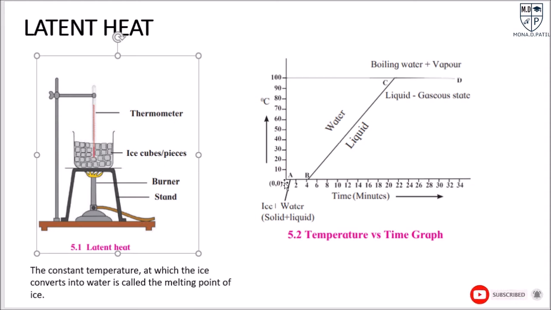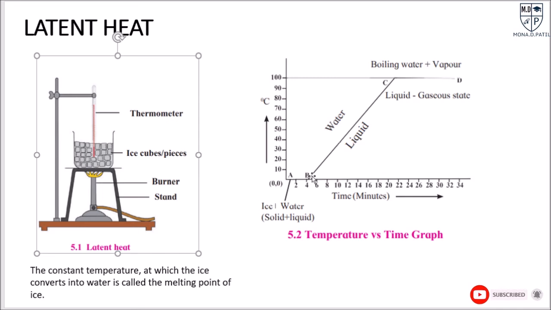From this graph you can also see that from A to B, 4 minutes are required and the temperature stays constant at 0. After 4 minutes, when all the ice has turned into liquid, the temperature slowly increases as the heat is absorbed by the liquid to boil the water, and then it converts into vapor.